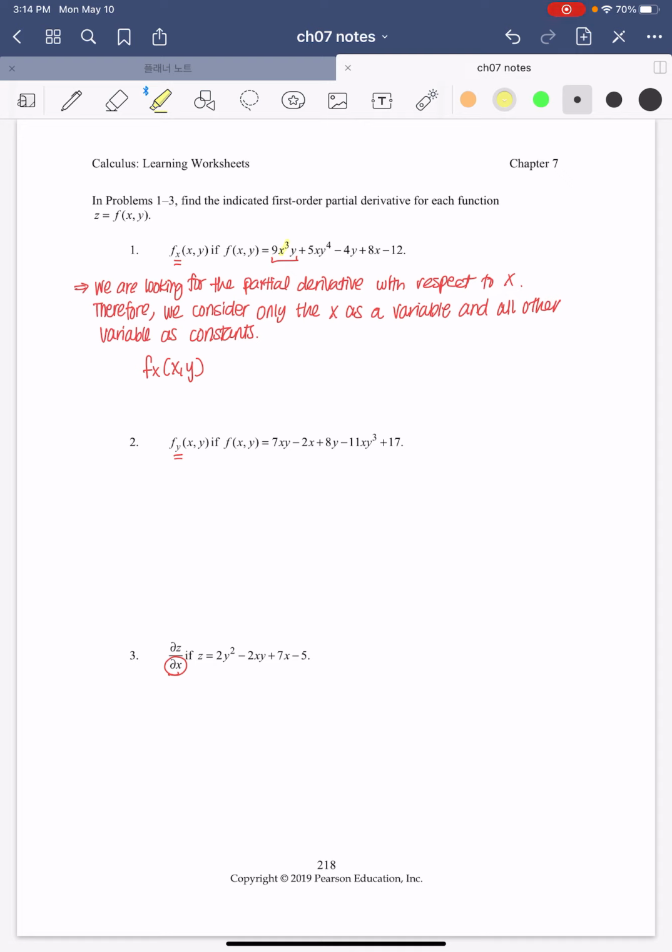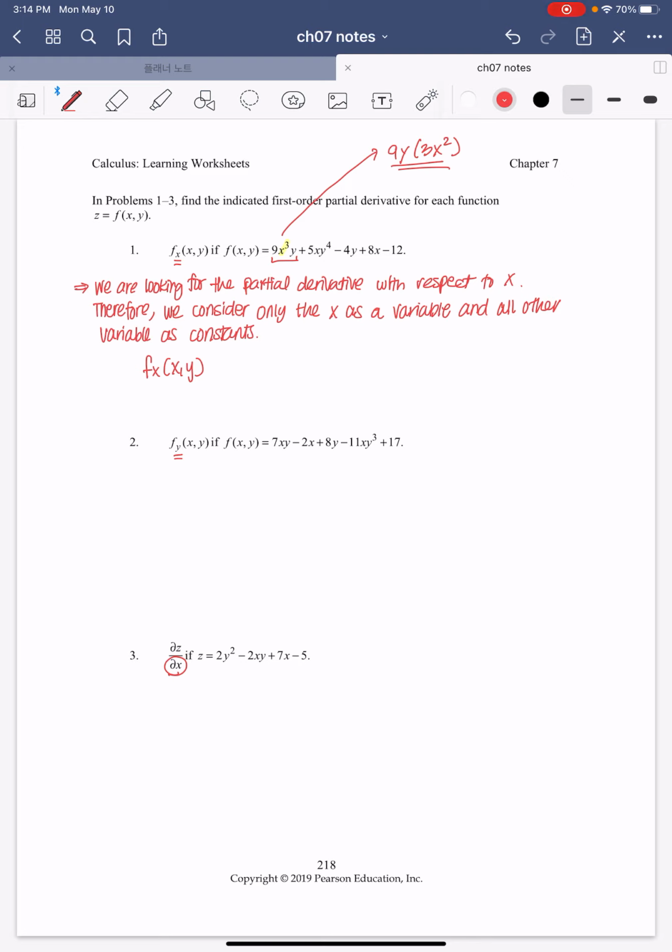That's 3x squared, but we have a constant 9 and y attached. So just looking at the first term, 9 and y is a constant, so it doesn't change. The derivative of x cubed will be 3x squared. So this will be my first term derivative.